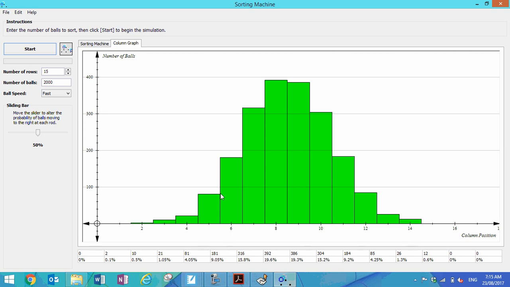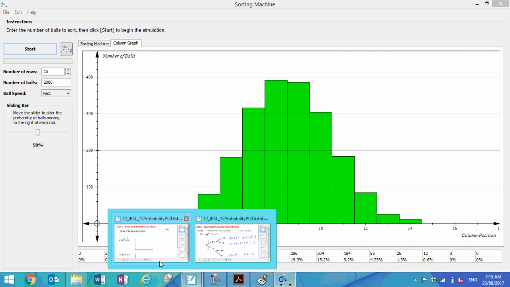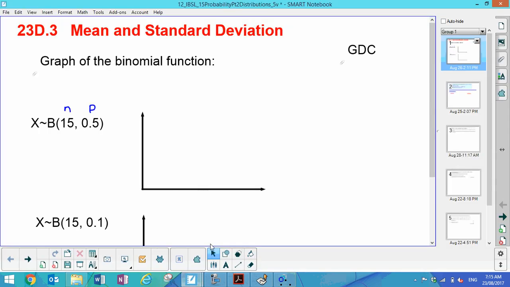So in some ways, these columns shouldn't be joined together because it's not a continuous scale. We could either have 6 heads, 7 heads, 8 heads, etc. So our mean is here and we have a spread. If we change that in here, our graph is looking like, I'm just going to draw this in.